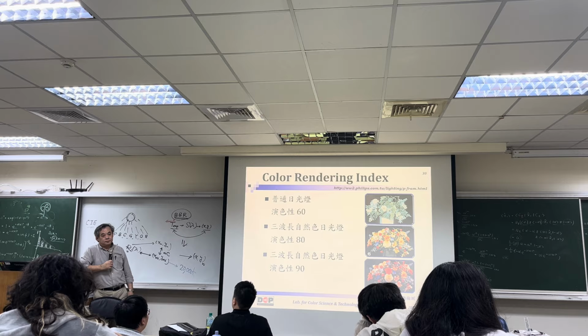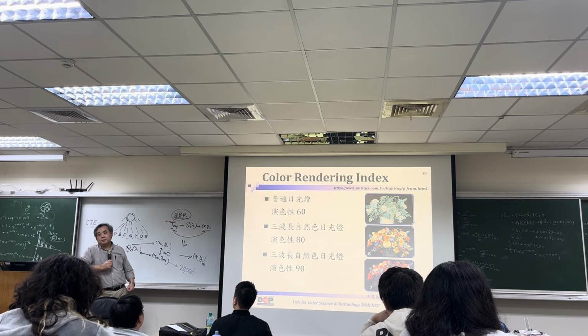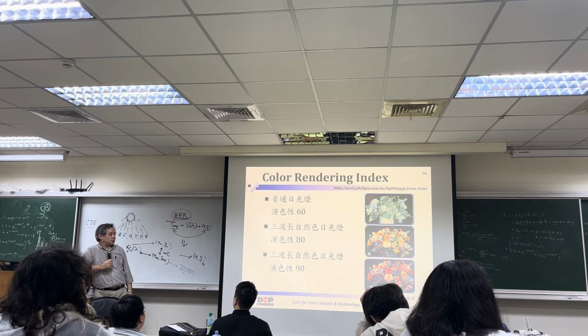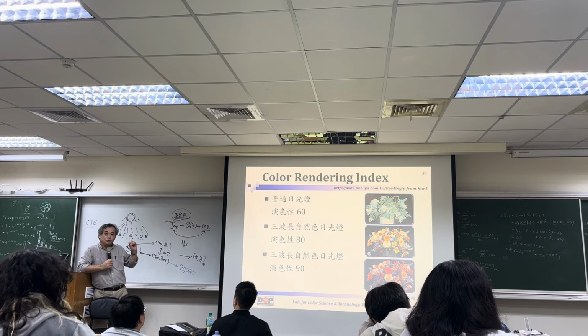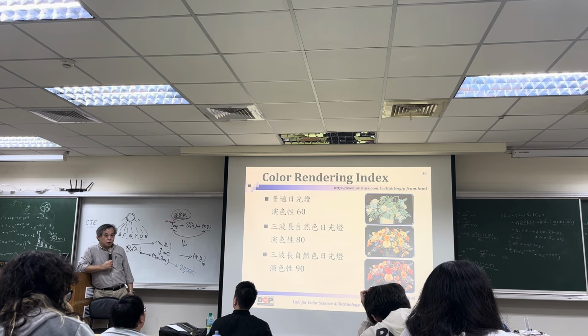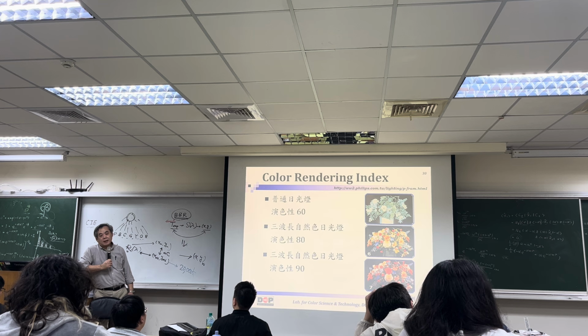And for your bedroom, you need help to ease your mood and relax. So we will choose a lower color temperature, for example 3,000K yellow light.